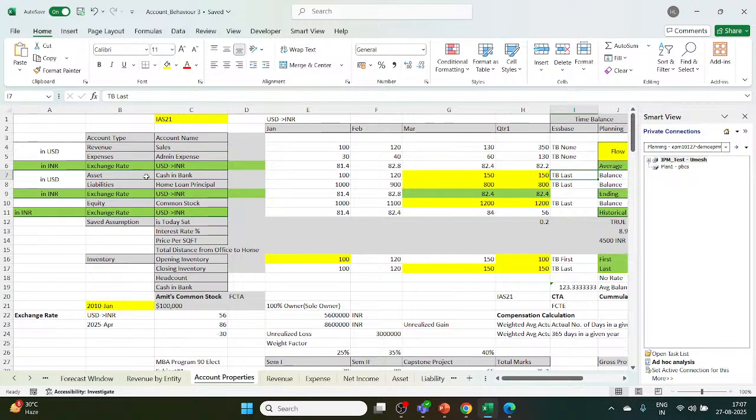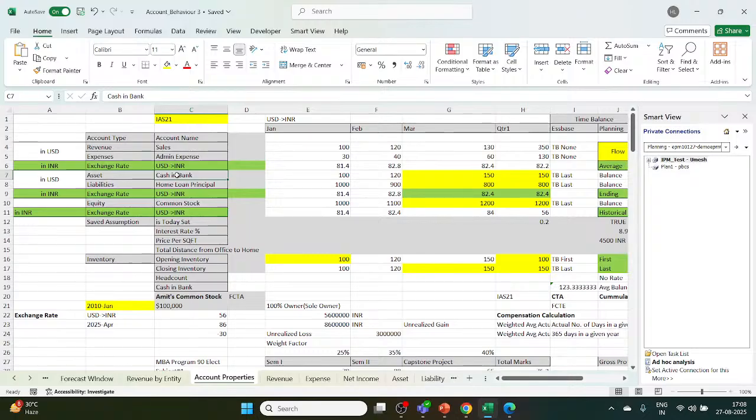Here the assets fall under the category which are our assets, like cash in bank, furniture, and any kind of asset which we know. Basically, any kind of fixed assets, any kind of current assets, or any kind of tangible or intangible assets.